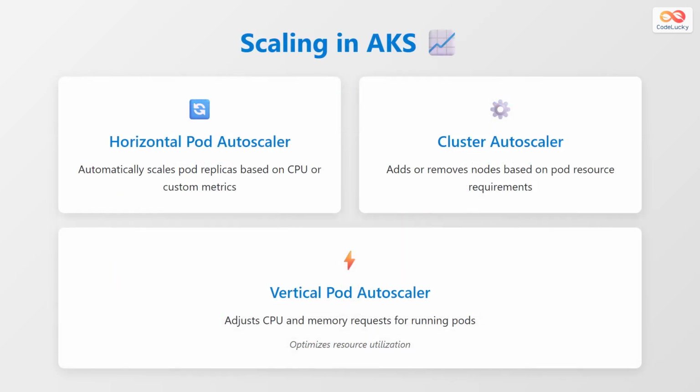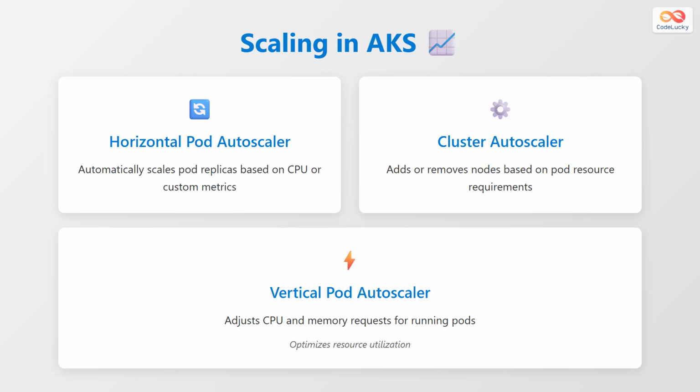AKS provides multiple scaling mechanisms to handle varying workloads efficiently. The horizontal pod autoscaler automatically scales the number of pod replicas based on CPU utilization or custom metrics, ensuring your application can handle increased traffic. The cluster autoscaler adds or removes nodes from your cluster based on pod resource requirements, optimizing infrastructure costs by scaling down when demand is low.